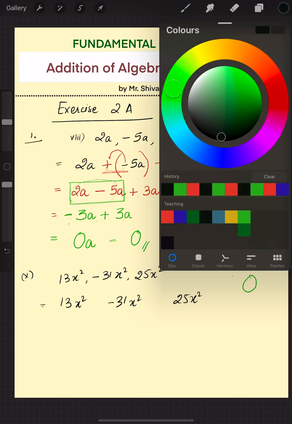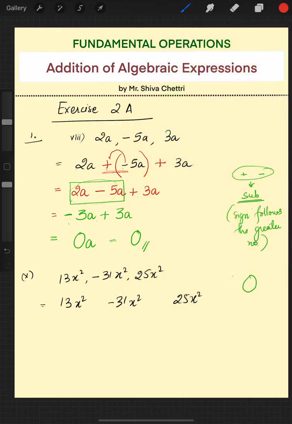So now I'll replace the comma by addition sign. So minus and plus both are there, so you need to put the bracket. So now you replace 13x square, minus and plus is minus, 31x square plus 25x square.